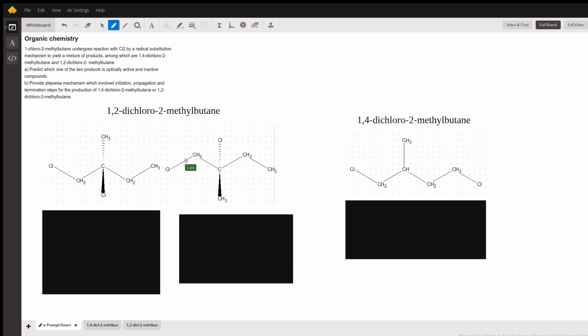I forget which one is R and which one's S configuration. There's ways to determine that. I am at a loss for remembering which one that is right now, but it is going to be predicted that the 1,2-dichloro-2-methylbutane is inactive because there's some stereochemical things going on that if you do any rotations, you don't get sort of like a mirrored image back.